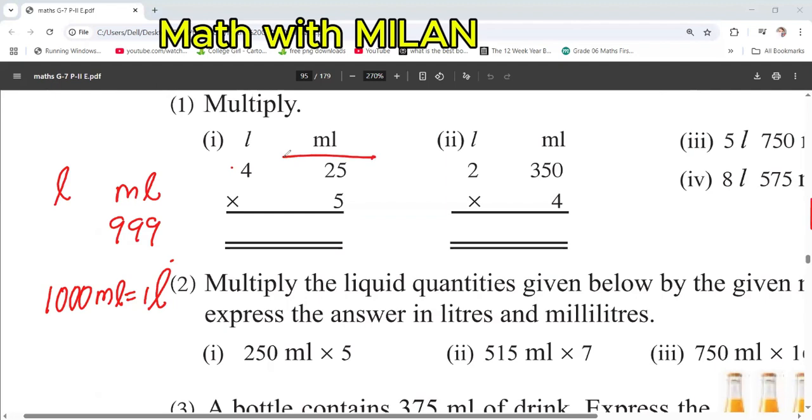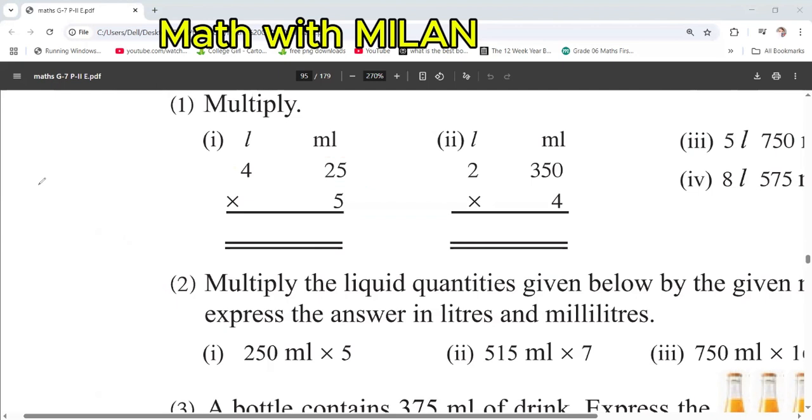Therefore, in this milliliter section, you need 3 digits. So whenever you get this kind of thing, please make sure that it has 3 digits. For that, I'm going to write this 0. This 25 is the same as 025, right? Otherwise, if you multiply this way, you will get a wrong answer. Therefore, let's start.